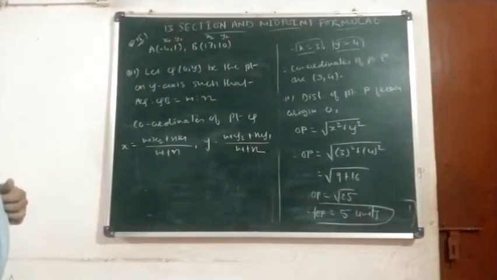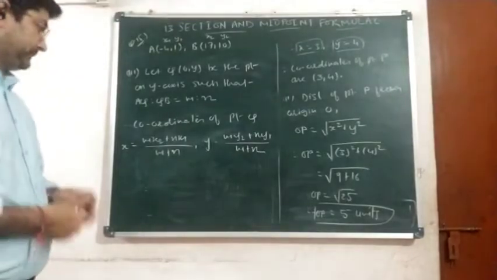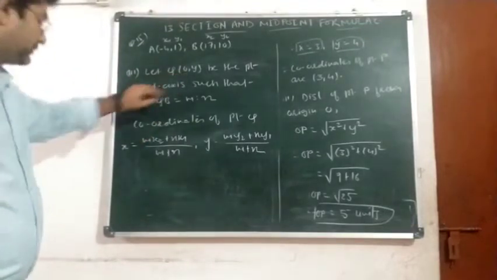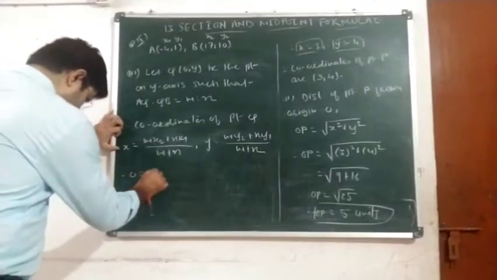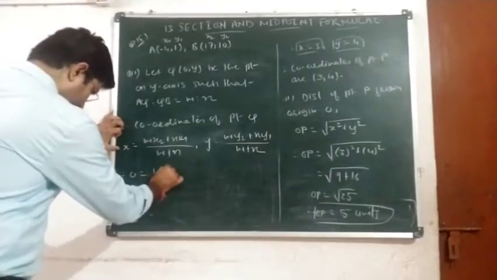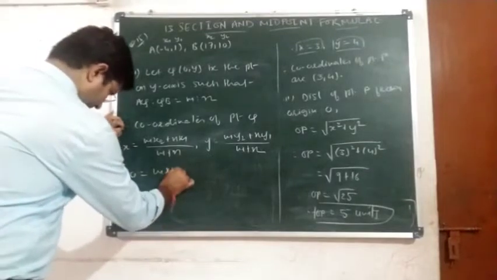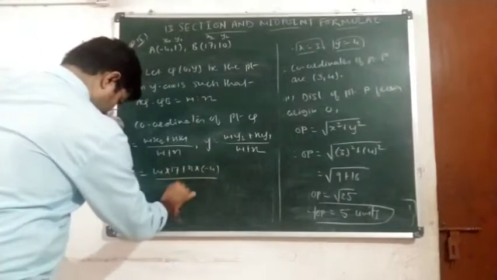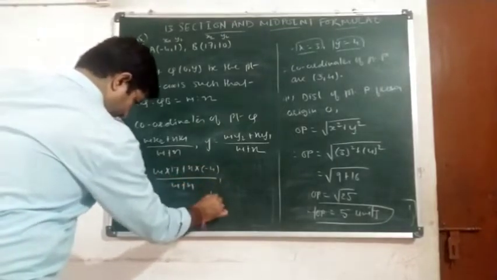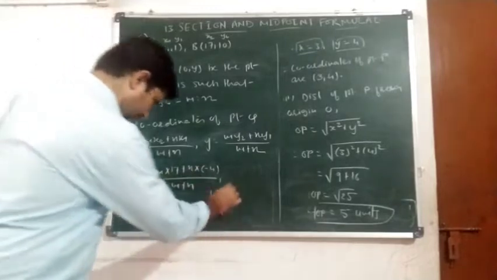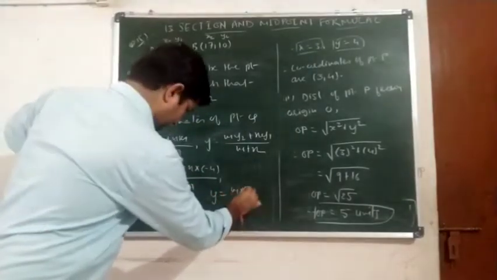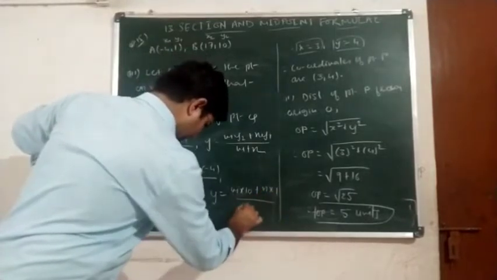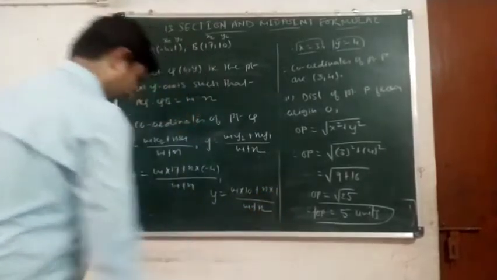Okay, and then put the values. x is 0, therefore 0 is equal to m into x2, which is 17, plus n into x1, which is -4, upon m plus n, and y is y only, m into 10 plus n into 1 upon m plus n.